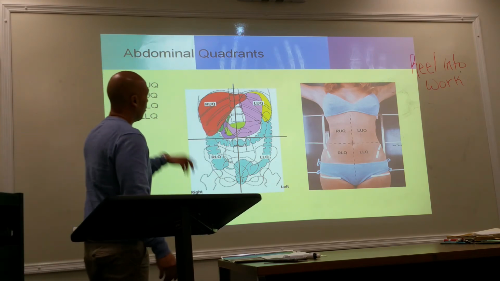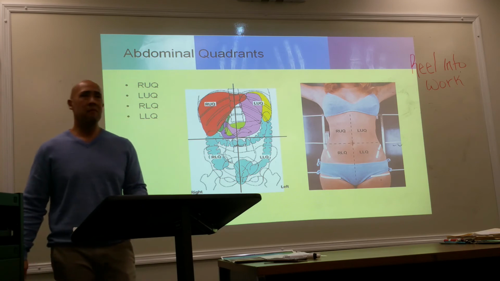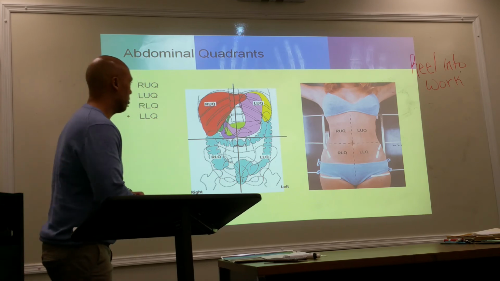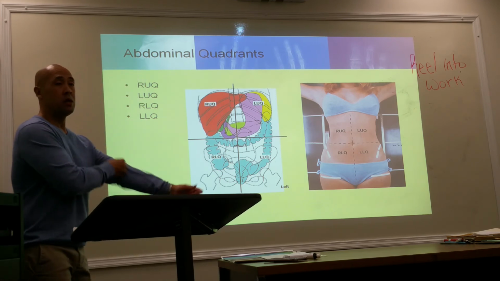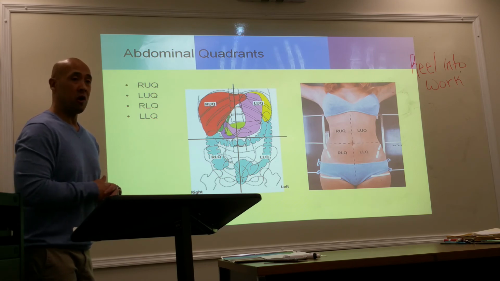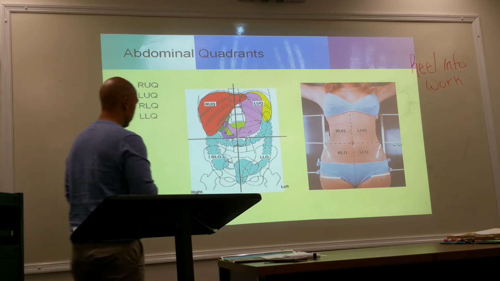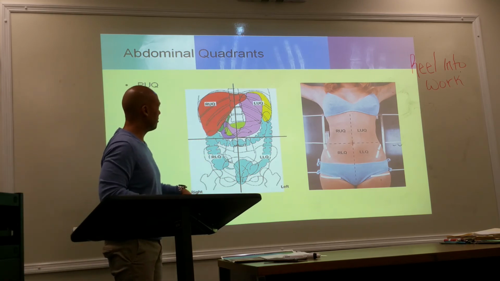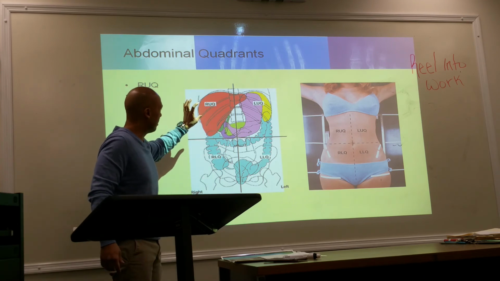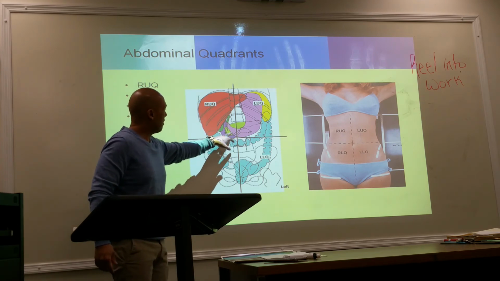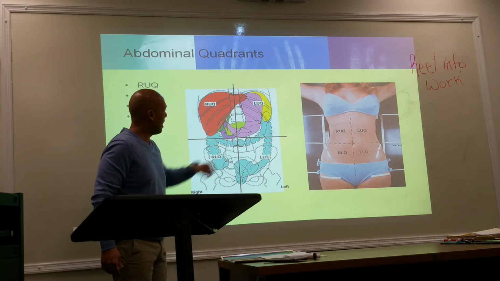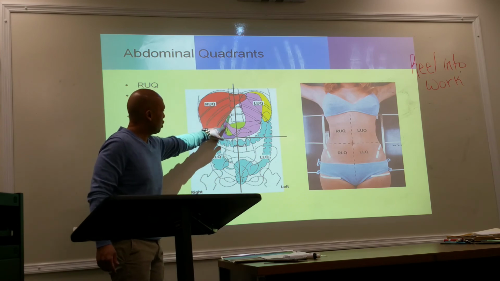So it's broken down to 4 quadrants. I highly suggest that you know where the structures are in relation to the quadrants. So here, right upper quadrant, you'll find a majority of the liver, the distal part of the stomach, the distal part of the pancreas, and then the duodenum.